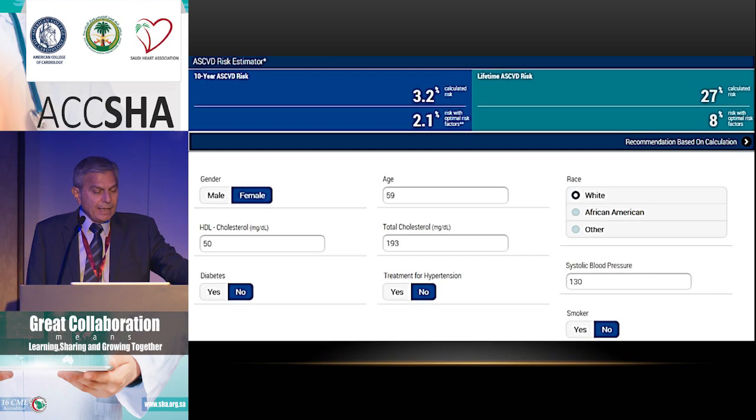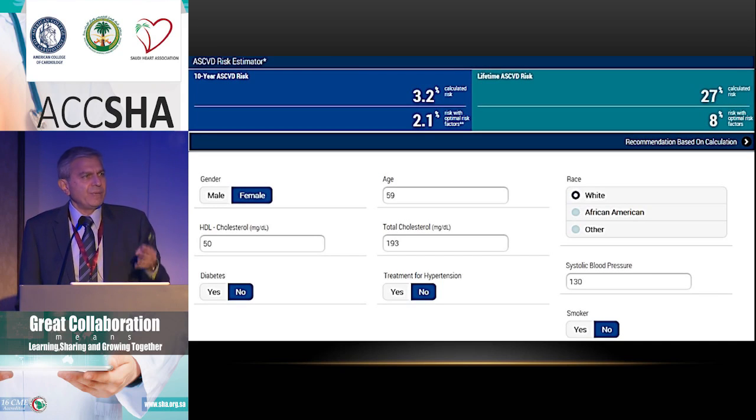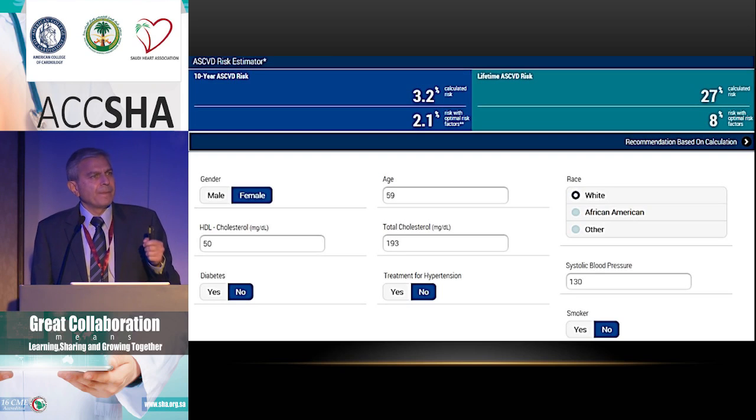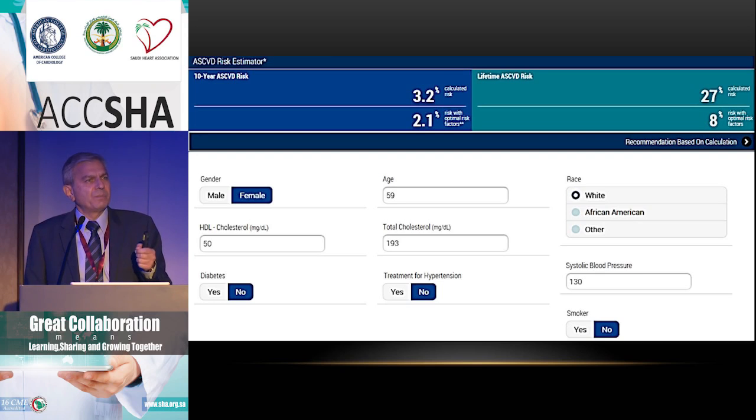Now, this patient is actually a real patient from my clinic. I saw him 3 weeks ago. So this is not something that I invented. In fact, when I saw him, with my discussions with him when he was a smoker, I gave him a request for a lipid profile to do, which he did, and I gave him a calcium score to do.